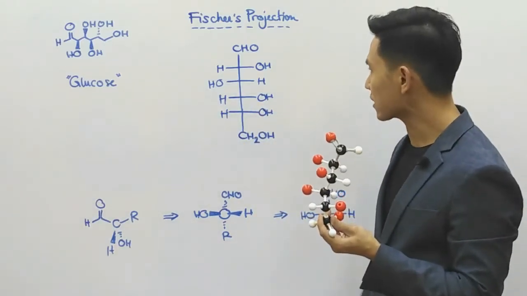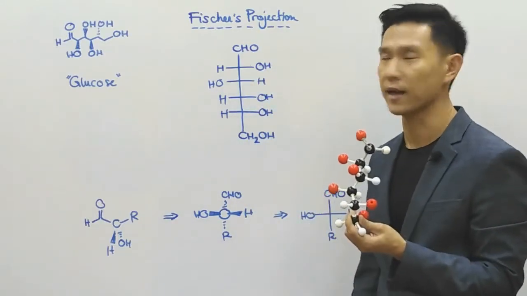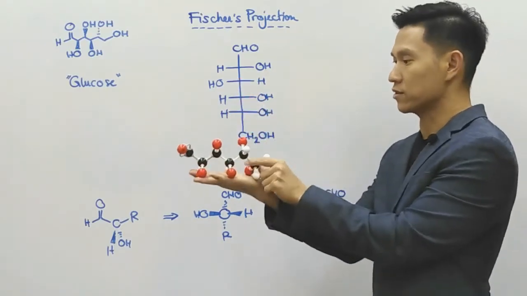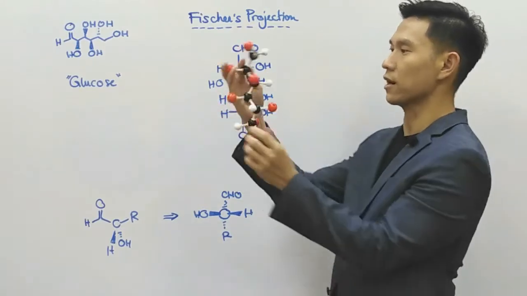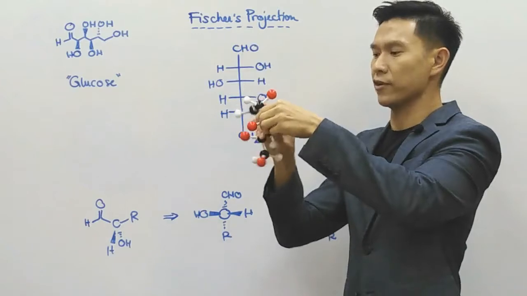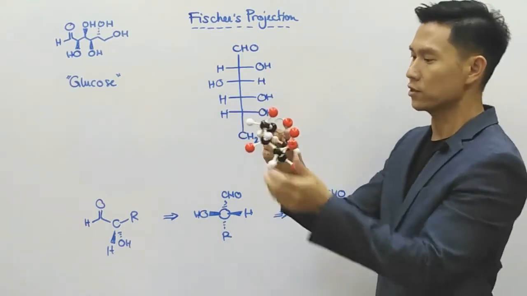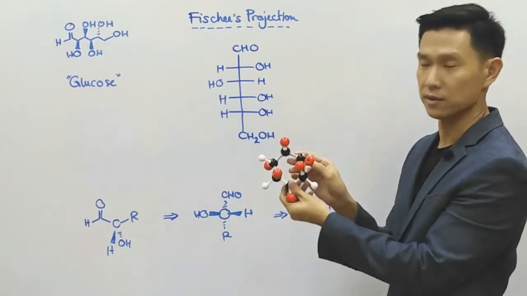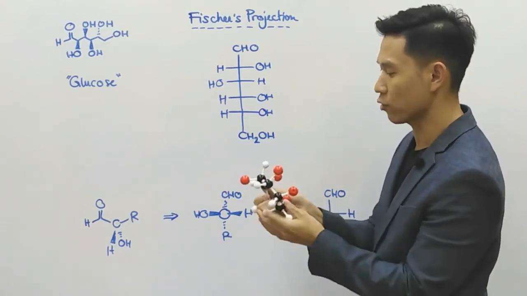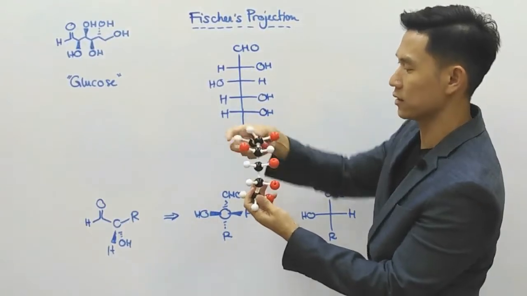So the Fischer projection is actually the vertical line pointing outward at every carbon atom, at every stereogenic center. From this zigzag structure, you have to turn it up, and then turn every vertical line so it points outward from yourself. So it will be something like this. And then from this, we force it up, like this.